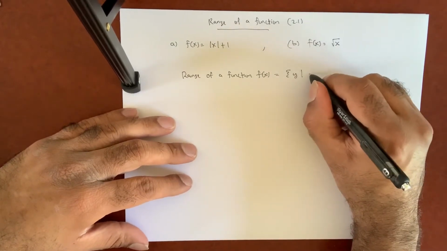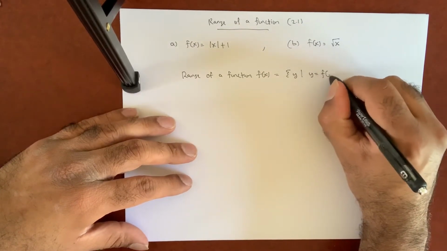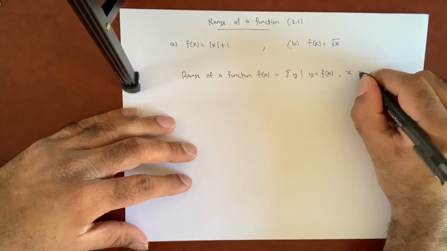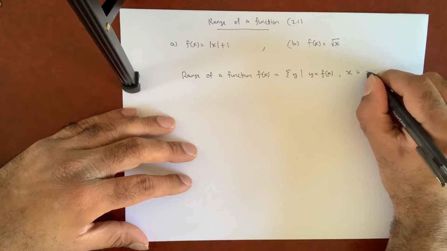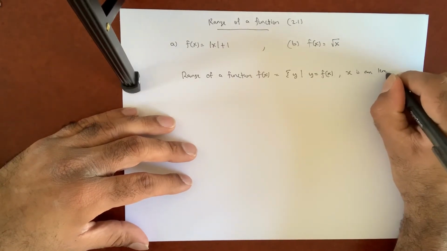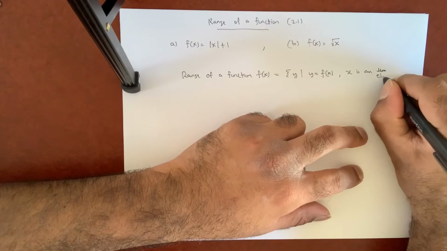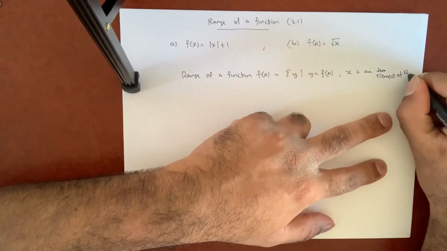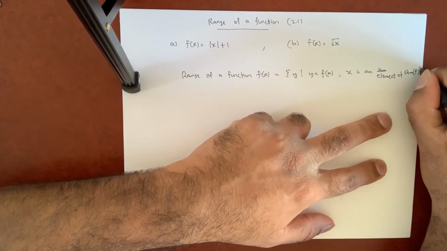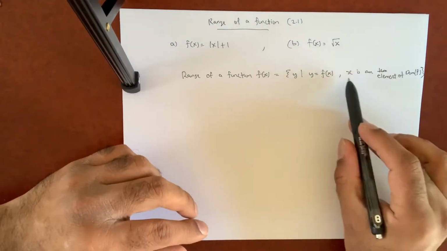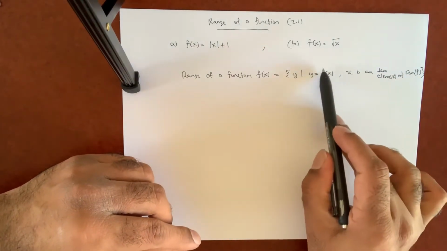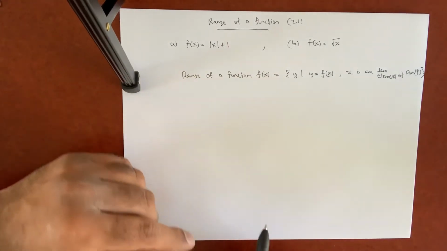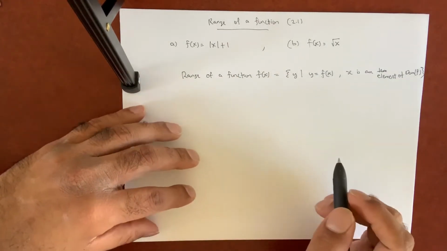So it's all y, where y is f of some x, where x is an element of the domain of f. So as x runs through the domain of f, you'll get a bunch of f of x's, which are a bunch of y values. The collection of those y values is the range of f.